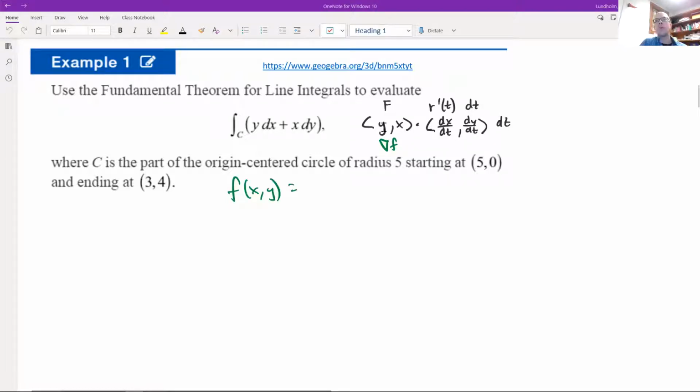So what we could do is write down that the partial derivative of f with respect to x is y, and the partial derivative with respect to y is x.